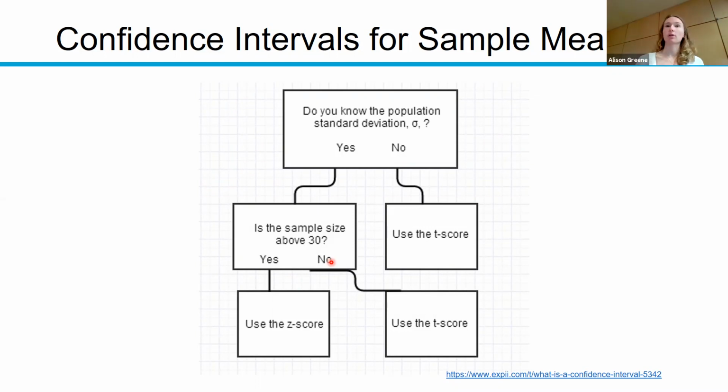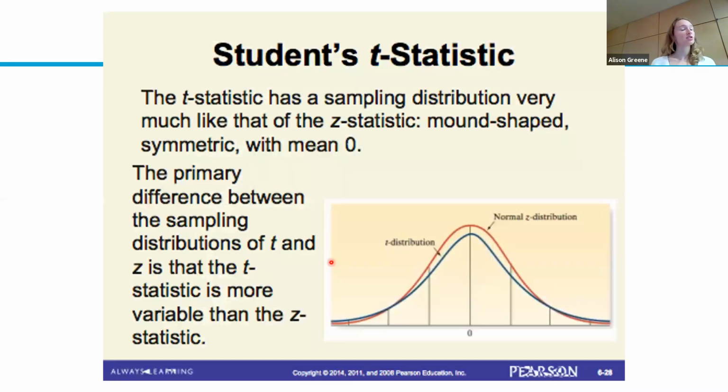What is a t-score? A student's t-statistic, or the t-distribution, is similar to a normal distribution, which is why we use it here. As your sample size increases, it's going to converge to a normal distribution as well. The difference is this has more variability.